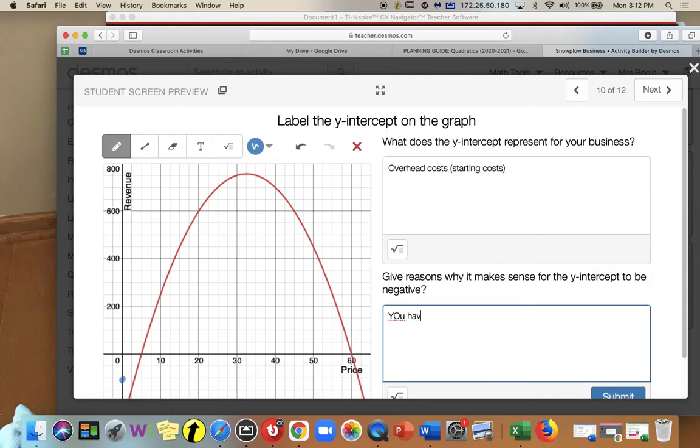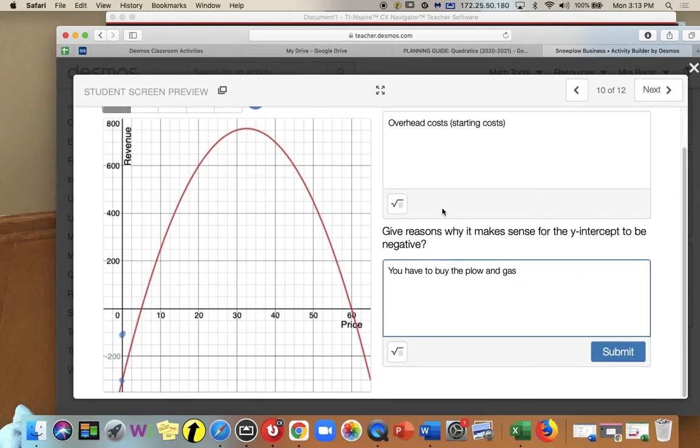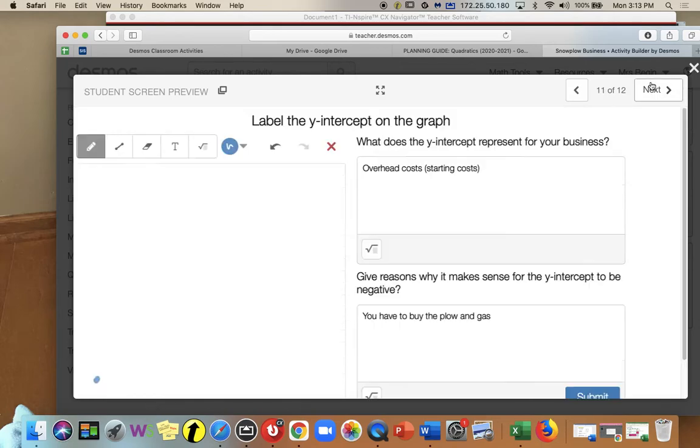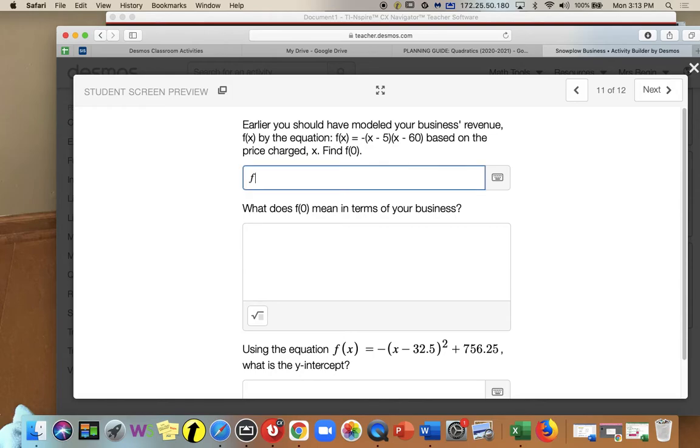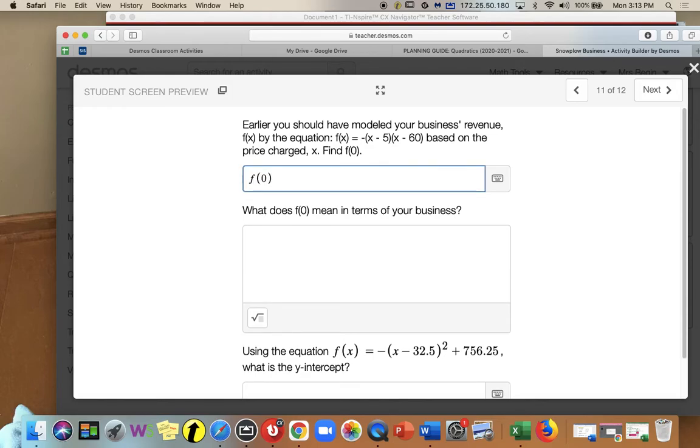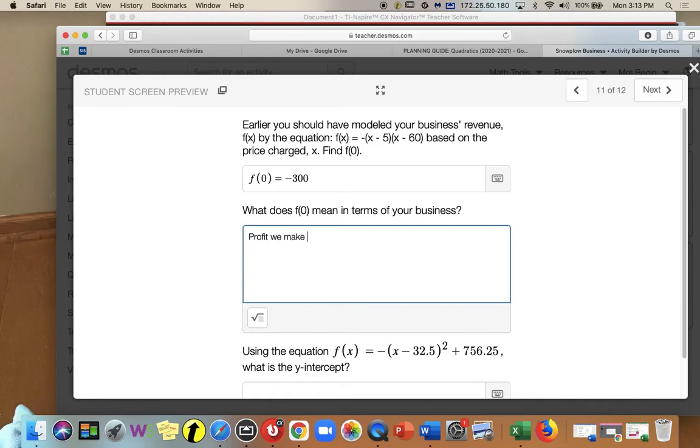You have to buy the plow. We can see that it's not negative 250, which I said. It's actually negative 300 where we're starting because it goes by 50s, not by 25s. So f of 0 equals negative 300, and that just means this is how much profit we make if we don't charge to plow.